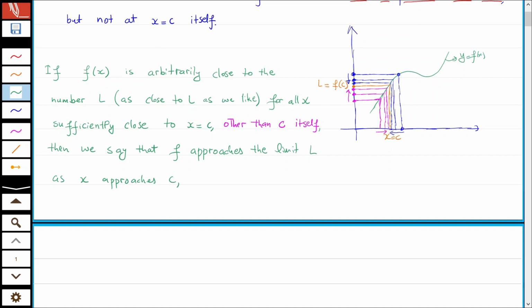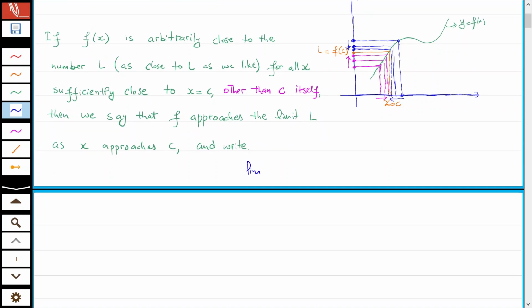And we write in notation, limit as x approaches c of f of x equals L.